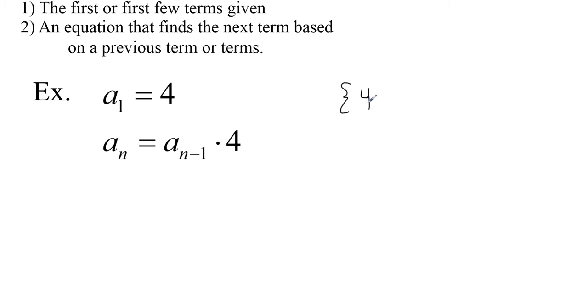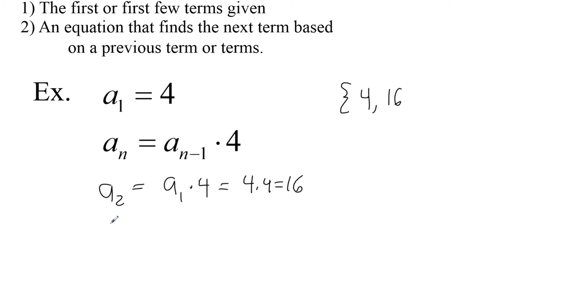The first one is 4, a sub 1. A sub 2, so n is 2, is going to be defined by the term before it, so that'll be a sub 1, times 4. And in this case, a sub 1 we already found, so it is 4 times 4, which gives me 16. Now that is the second term.